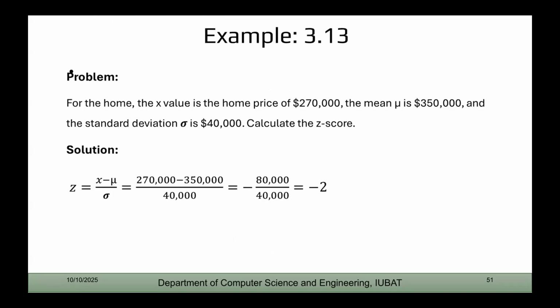For the home, the x value is the home price 27000, the mean is 350000, and the standard deviation is also given. Here we calculate -2. Now we will calculate the Z score of each data point, and we will delete those less than -2 and greater than 2, right? In the next class, I will show one math example regarding this Z score. I think you will get a little more familiar with the points. So we are done for today.